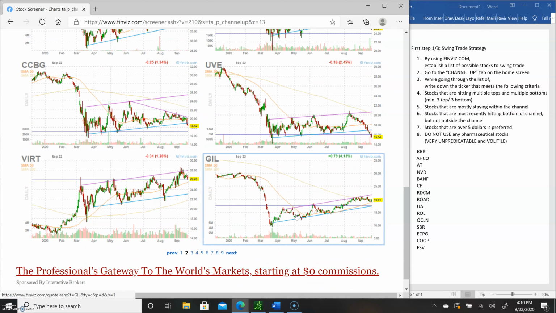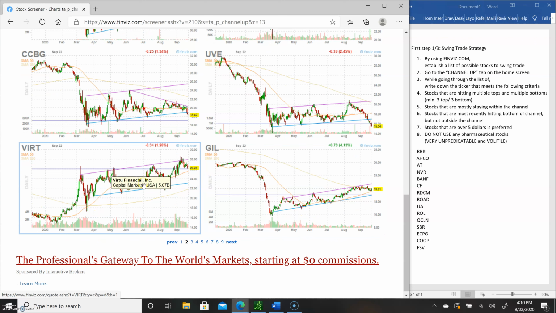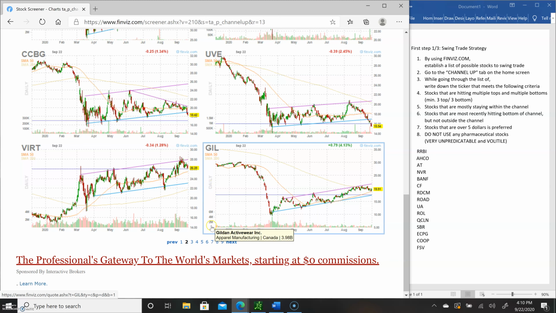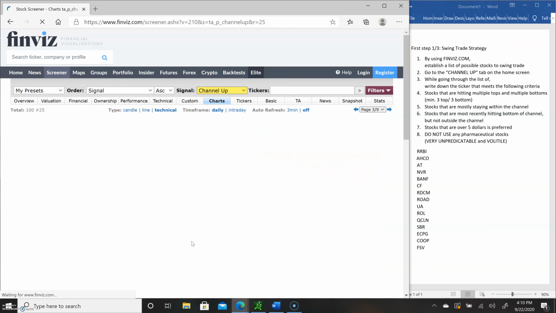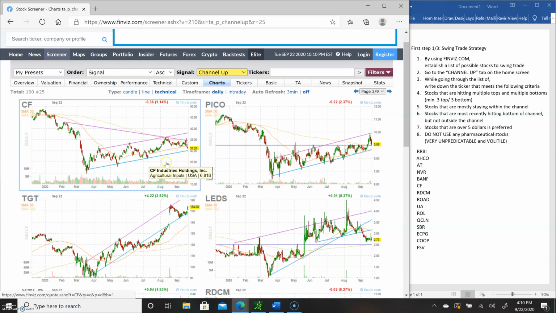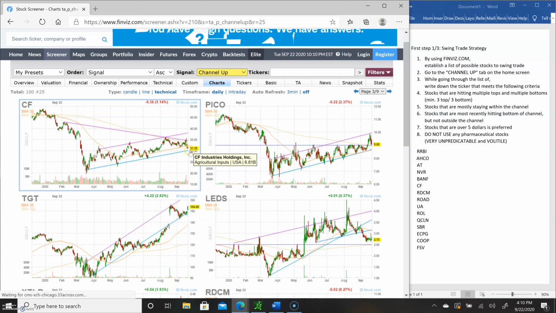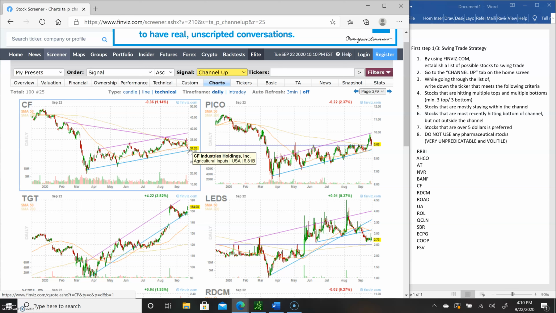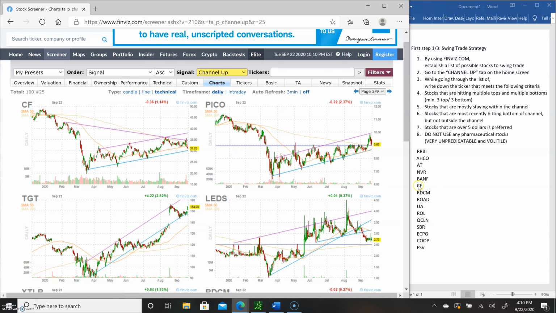Okay, continue. Okay, VIRT, this is way above in the upper half. Not even worth looking at. CF, okay, multiple bottoms, multiple tops, trending up, and currently at the bottom of the channel, ready for a reversal. We're going to add that to the list, CF.